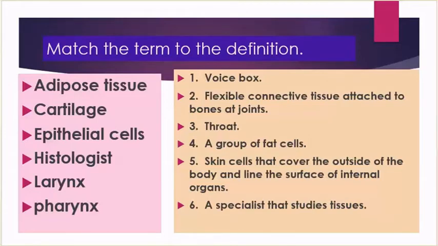Number 2, flexible connective tissue attached to bones at joints. Number 3, throat. Number 4, a group of fat cells.